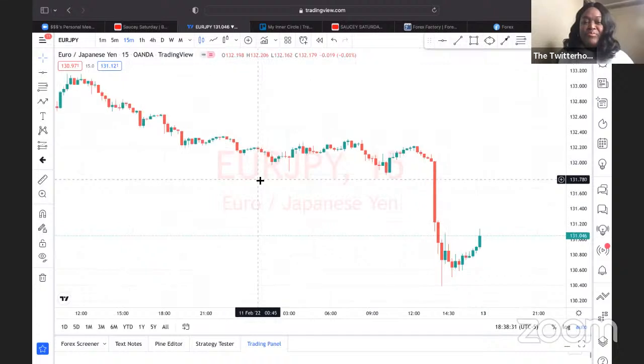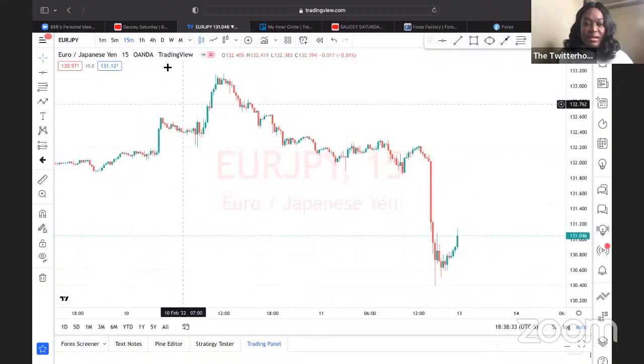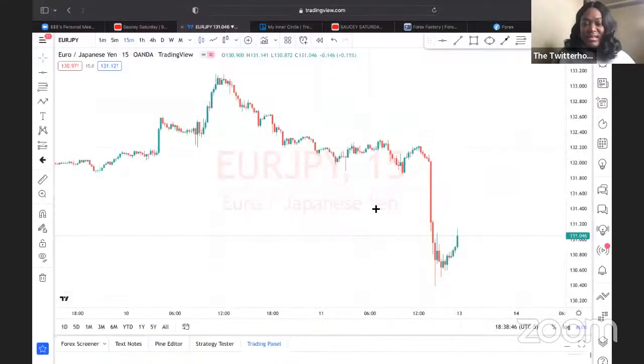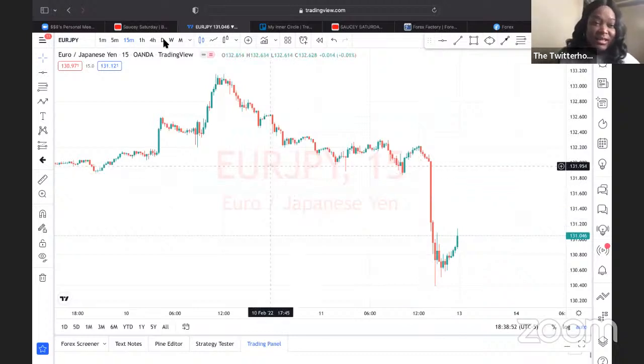But Euro JPY, we saw that it's supposed to be a downtrend, right? Because Euro over here, that's an insane looking downtrend, but it goes with what I was saying.